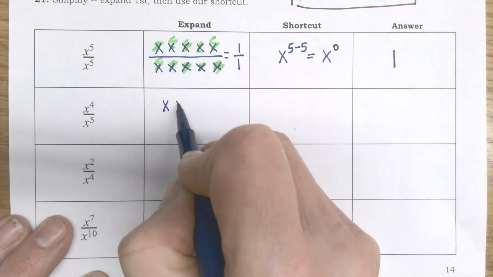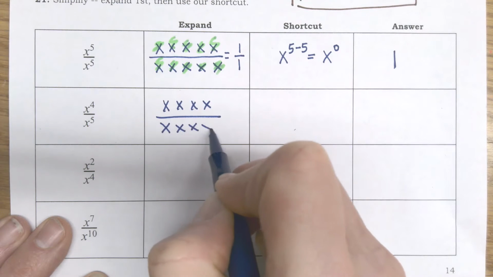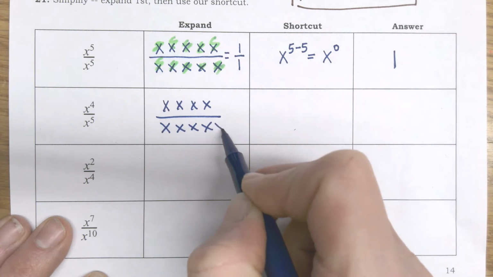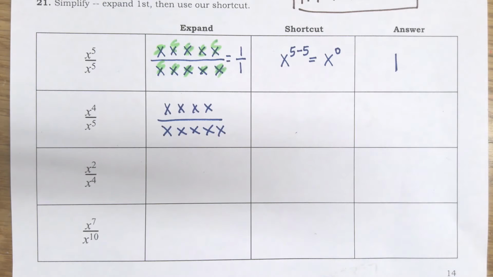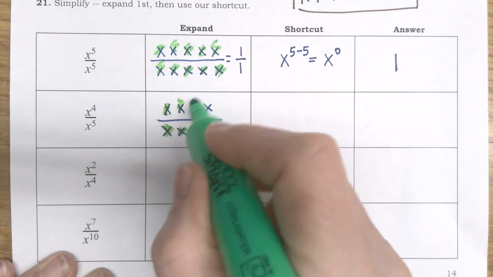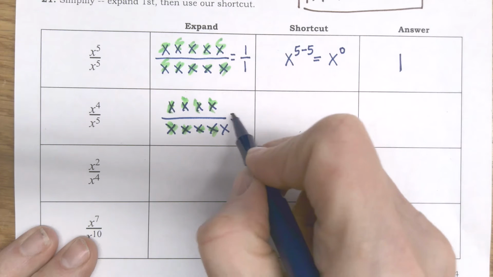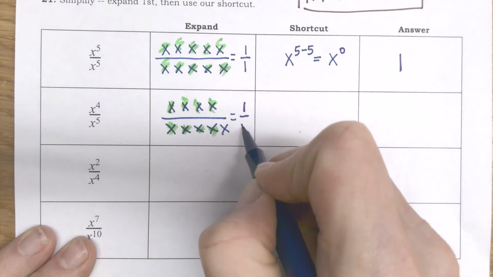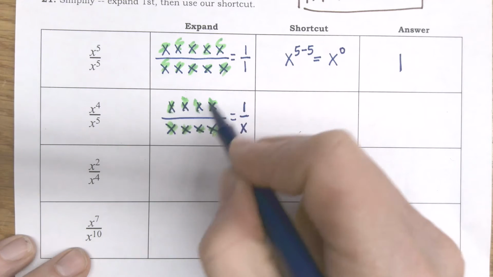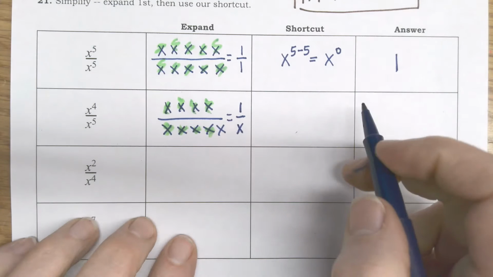It's 4 on top and 5 on the bottom, which means that when I cross them out, I'm left with 1 on the top and an x on the bottom. So remember, if you cross everything off of one level, you replace it with 1. So I have 1 on the top and the x on the bottom.